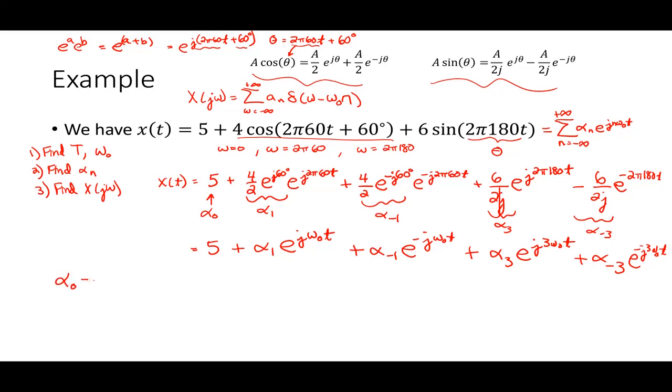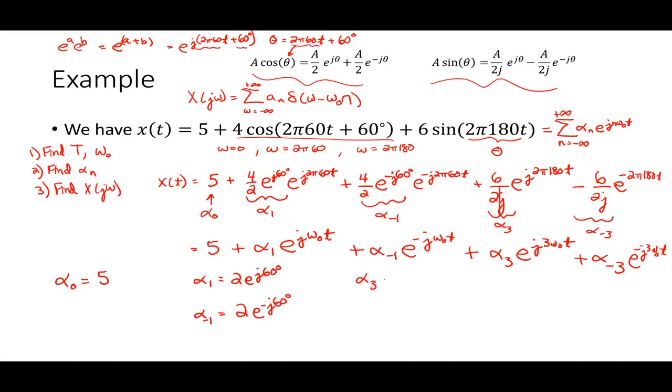Where I can write down now, alpha naught is 5. Alpha 1 equals 2 e to the j 60 degrees. Alpha minus 1 equals 2 e to the negative j 60 degrees.